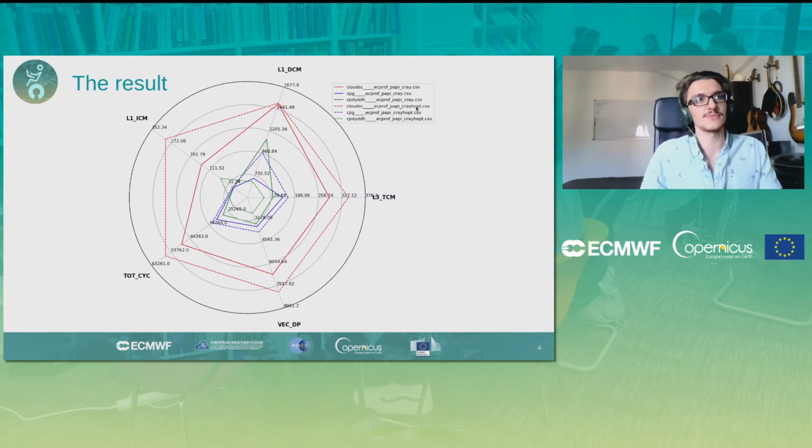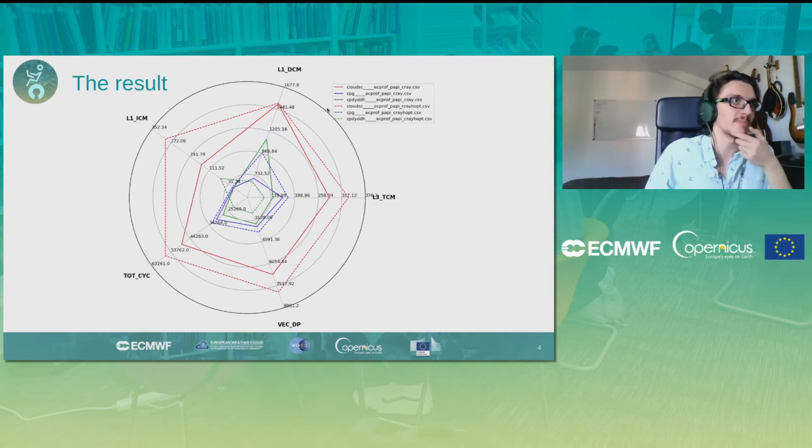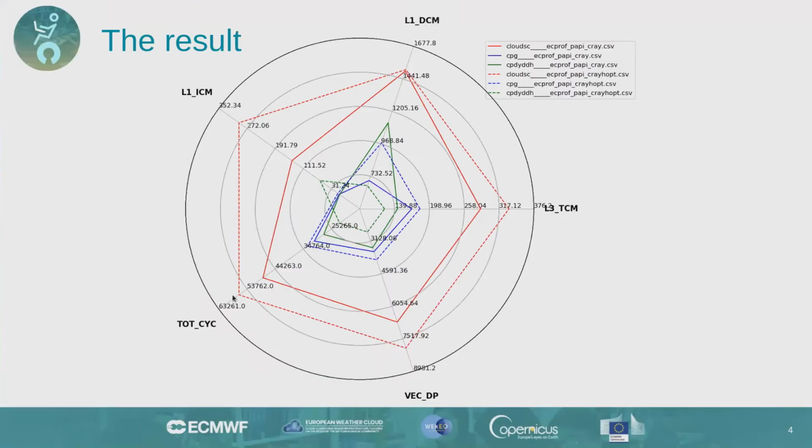HOPT stands for optimized routine. And we can see that the optimized version of that routine takes longer. It has more total cycles than the not optimized one. This is something really interesting that we managed to highlight using this tool. So we helped the performance specialists to understand that there may be a problem, that there may be a bug in there.